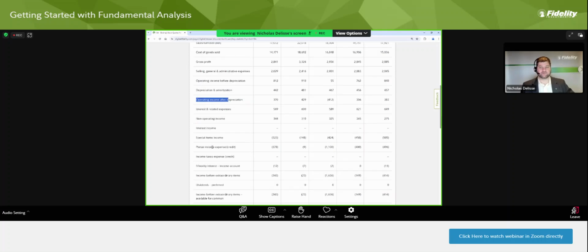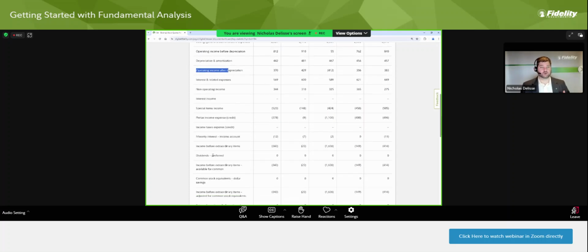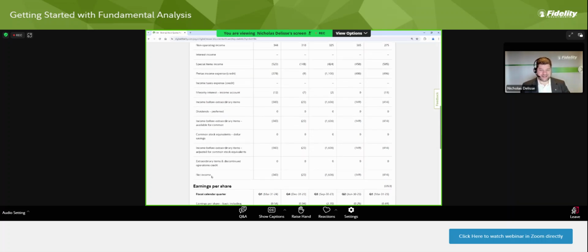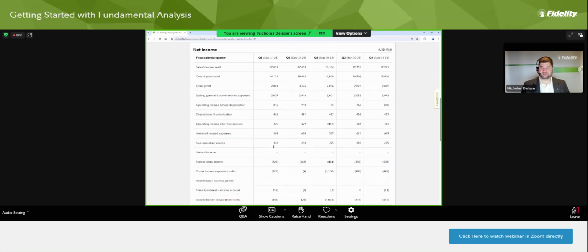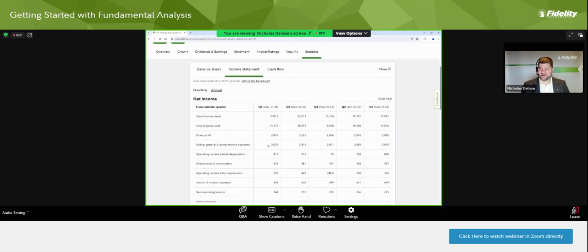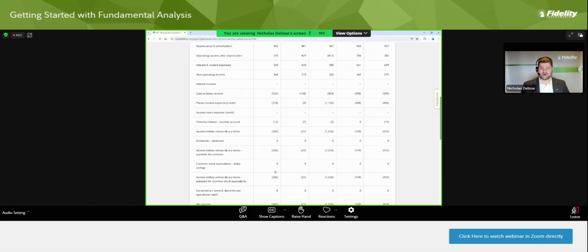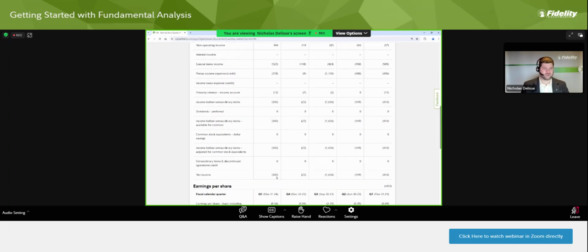And then you're going to have your net income down here after all those expenses are taken out. Now, this is MM on here, so we're looking at millions of dollars versus it just being handfuls of dollars.